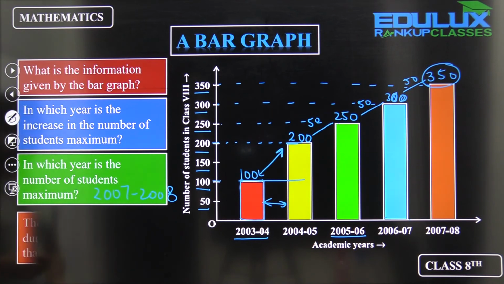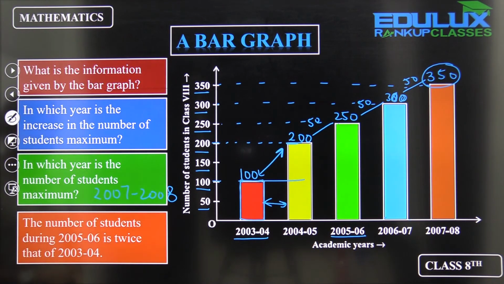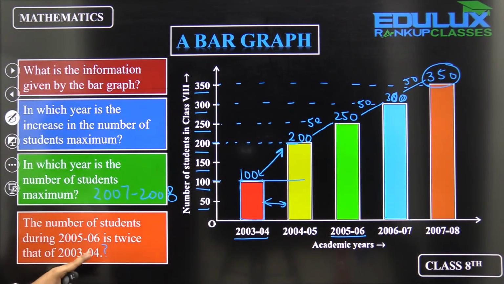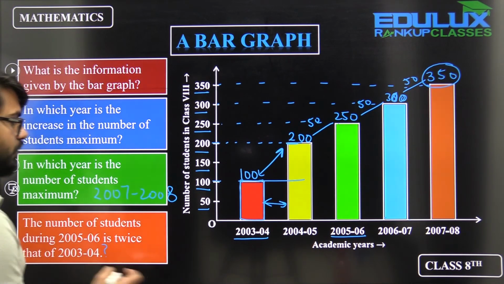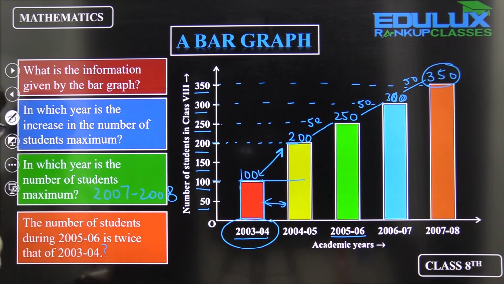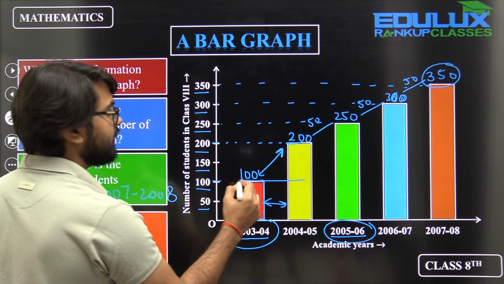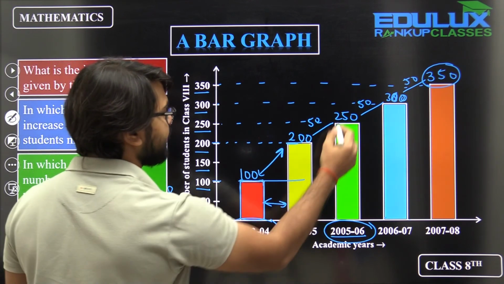Okay, and the last question: the number of students during 2005-6 is twice that of 2003 and 4. ये आपसे पूछा गया है, आप ग्राफ को एनालाइज कीजिए, बताइए if this information given here is true or false. By looking at the graph, in 2003 and 4 the students were 100, and in 2005 and 6 the students were 250.